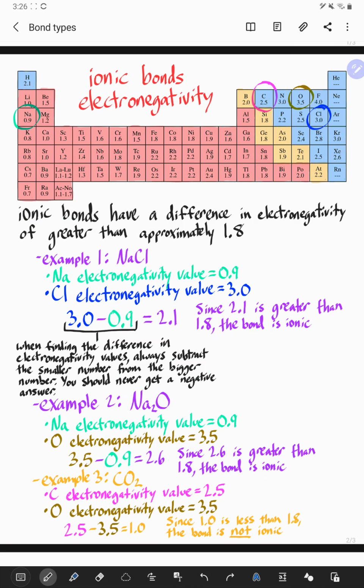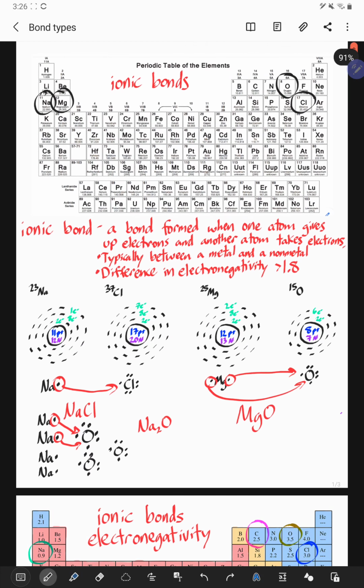And instead of using the periodic table that I have been using before, where I have the atomic number and atomic mass and element symbol and whatnot, we're looking for the electronegativity values. That's what we're using for this right now.